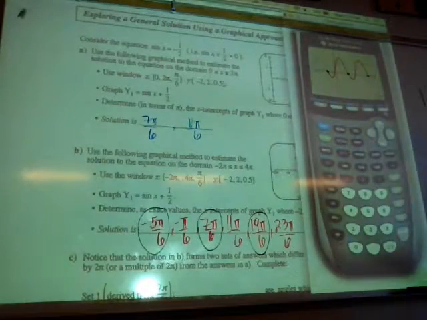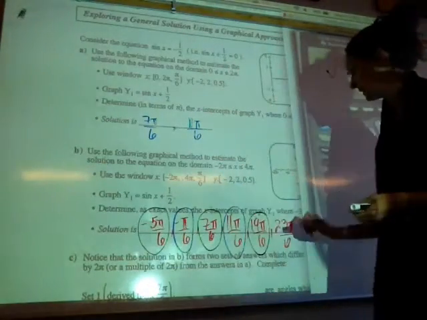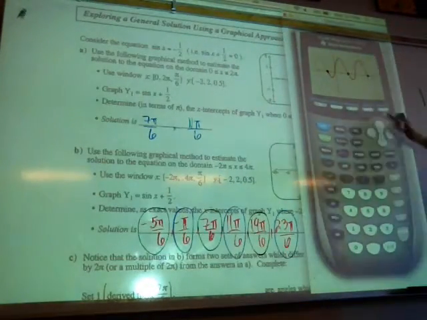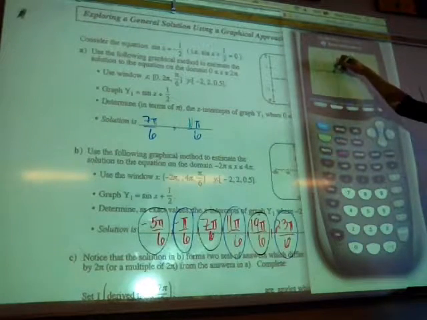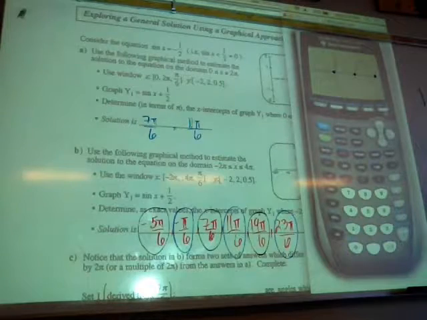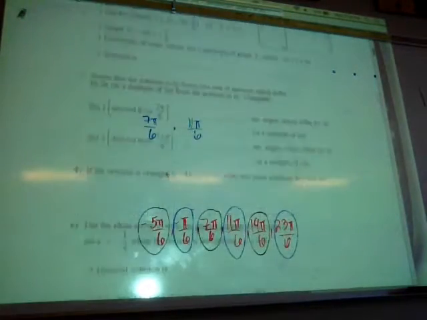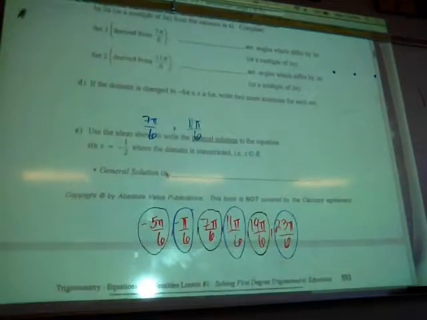Okay, now let's look at negative pi over 6, 11 pi over 6, and 23 pi over 6. Okay, so these ones here. What do they differ by? 2 pi. Okay, so for part C, that's basically what we're summarizing here. So all the solutions derived from 7 pi over 6 differ by 2 pi.